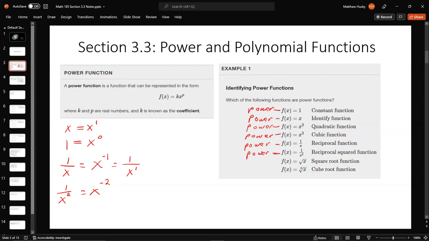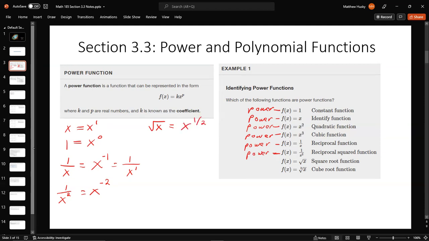Here we've got the square root function. You may have come across this fact before: the square root is actually equivalent to the 1/2 power, x to the 1/2.